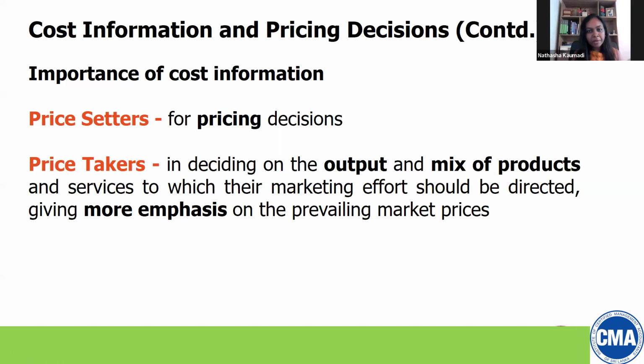Now you can do backward calculations. You know the price, and you need cost information to decide what quantity, what output we are going to produce and sell at this price, and what the cost should be then, right? To decide the mix of products, you need the cost information because you are doing a backward calculation. You have the price, now you need to manage the cost in order to achieve a profit, because you can't influence the price.